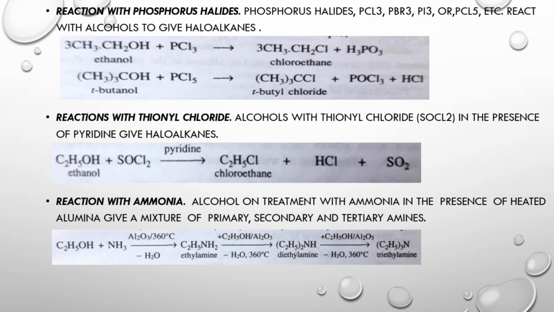Another is reaction with ammonia. As we know, alcohols treated with ammonia, NH3, in the presence of heated alumina, Al2O3, give a mixture of primary, secondary, and tertiary amines.